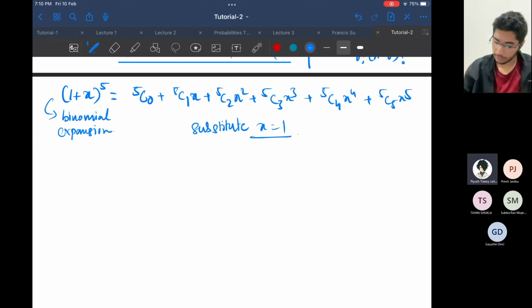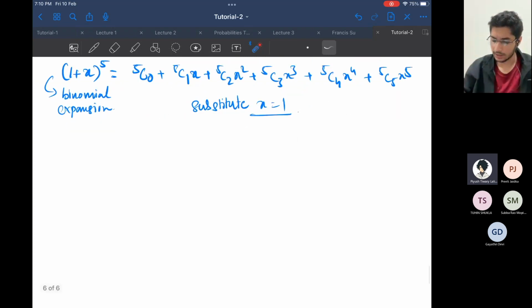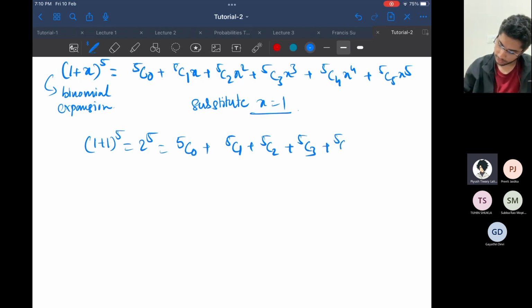Why am I substituting it to be 1? Because if I substitute x to be 1, all of these powers of x will become 1, and I will get my sum 5c1 plus 5c2 plus 5c3 plus 5c4 plus 5c5. But I will also have an extra term here, and we can deal with it. So (1 plus 1) raised to 5 is 2 raised to 5, which is equal to 5c0 plus 5c1 plus 5c2 plus 5c3 plus 5c4 plus 5c5.